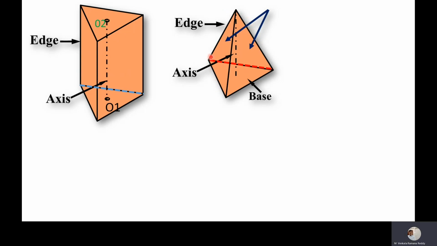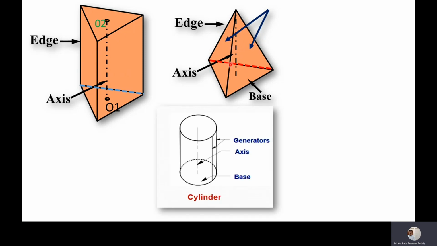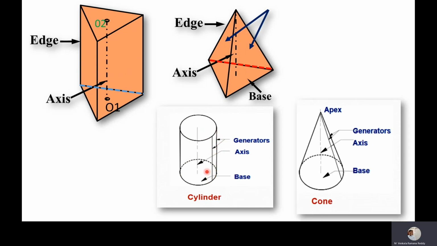This is the edge, and this one is the axis. For a cylinder, these are all generators, and this is the axis, and this is the base. Even for a cone, this is the base, and these are all generators, and this is the axis, and this point is the apex.